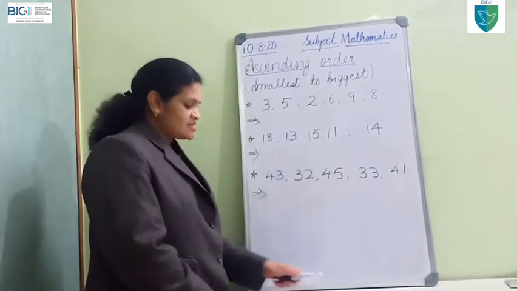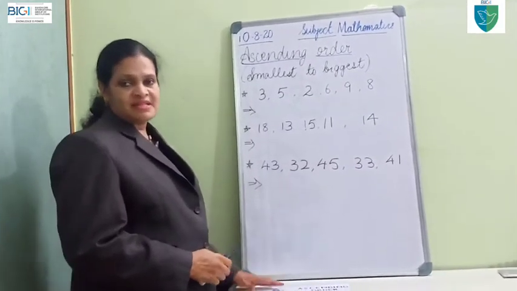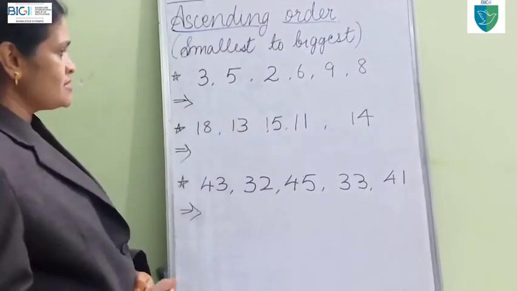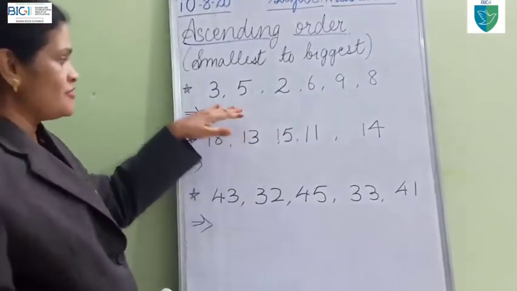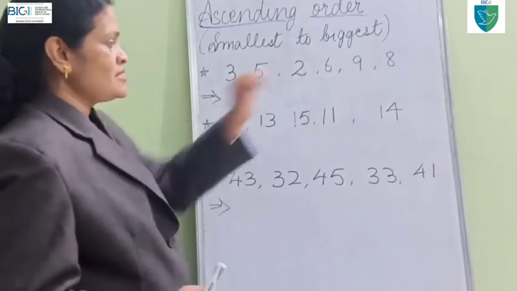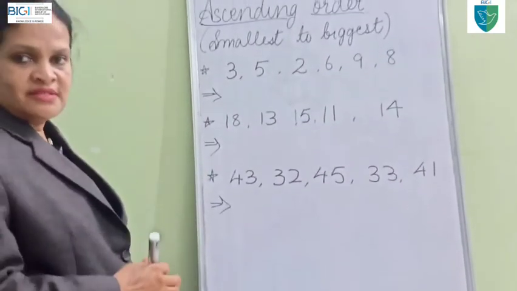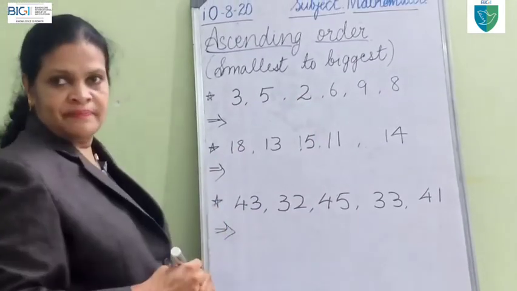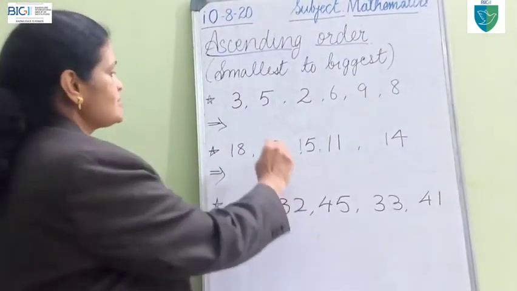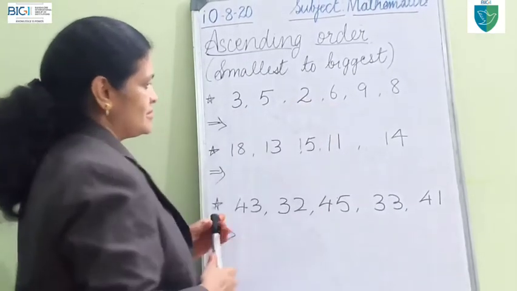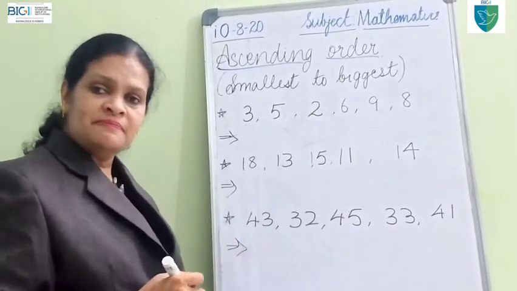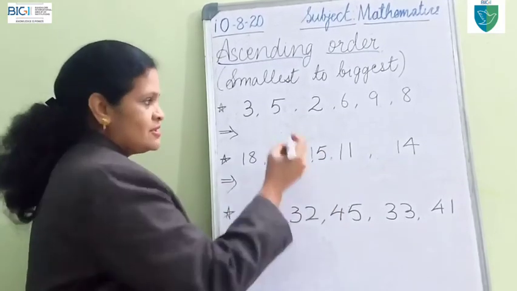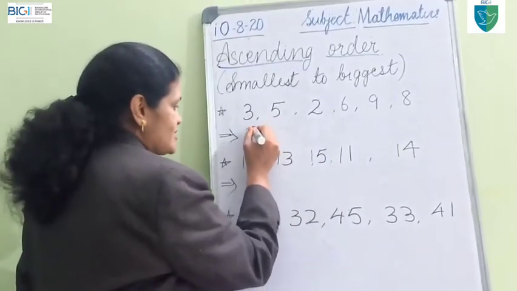Now, let's understand this with some examples. Okay? Now, here is a set of numbers which are all single digit. The first line of numbers are all single digit. Let's see how to arrange these numbers in ascending order. Among all these numbers, which is the smallest number? Here number 2 is the smallest number. So let's write that number first.